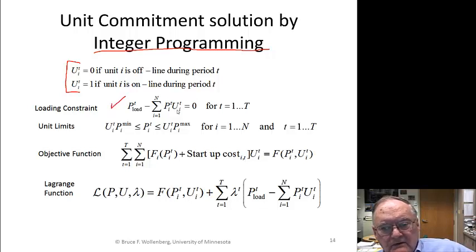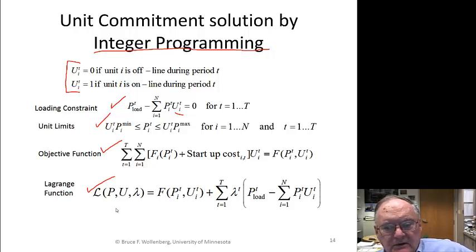There's a loading constraint with the UI variables. There's the minimum and maximum constraints. There's the objective function, the same objective function, and then there's a Lagrange function. But the 1-0 programming or integer programming code will solve it directly. It doesn't use Lagrange relaxation. It uses its own techniques to solve.